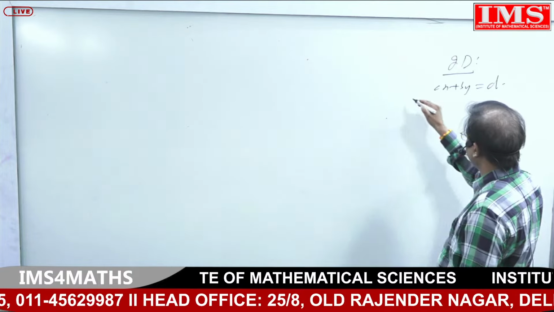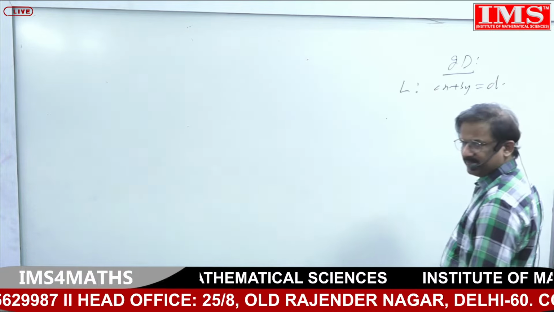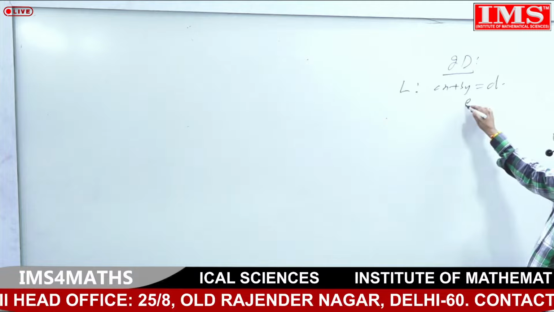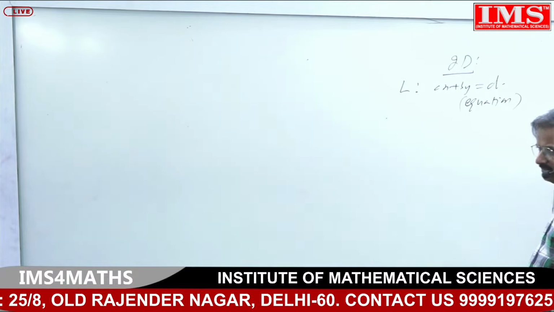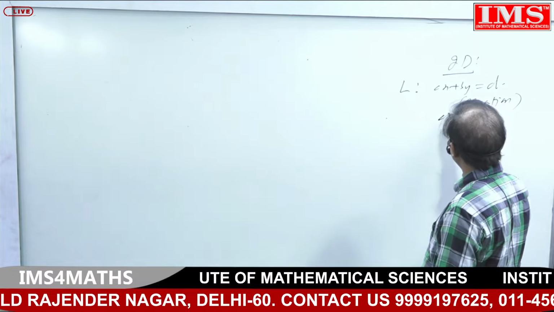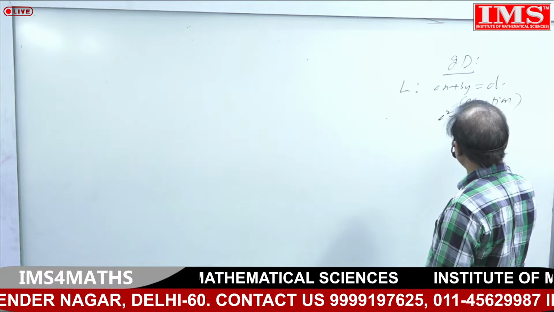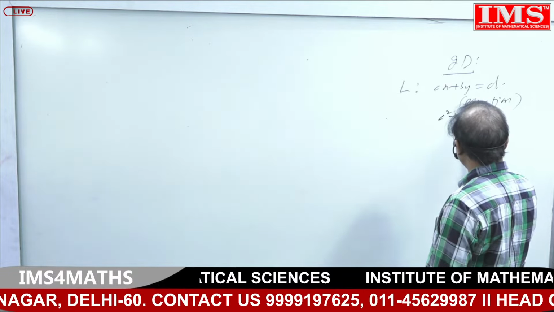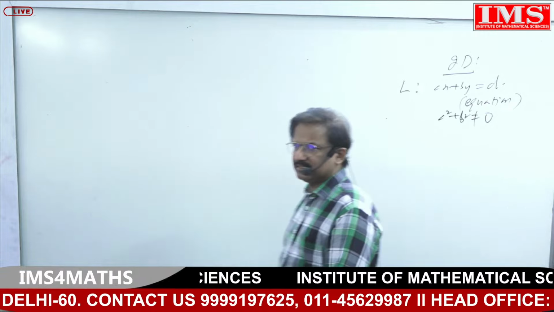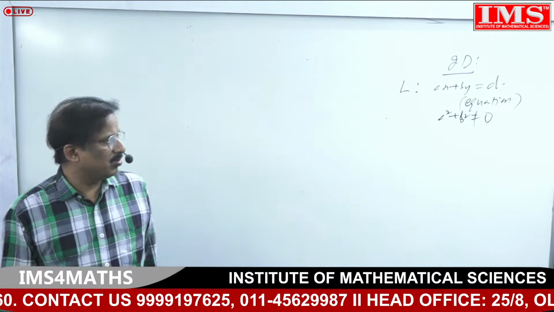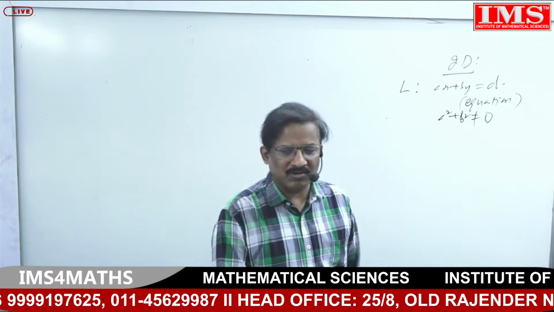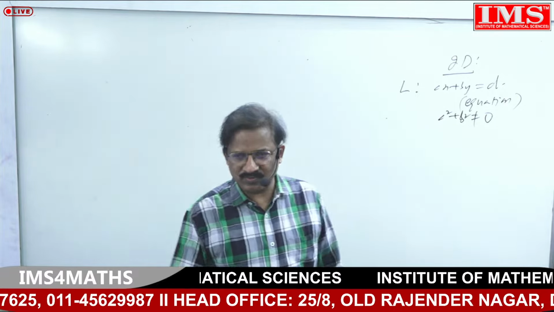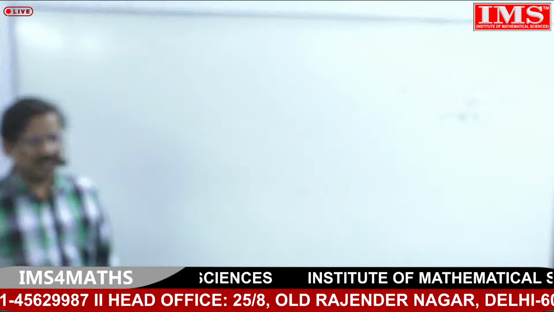D. It's a line. It's an equation, you remember. Provided that a square plus b square is not equal to 0. That's what you are writing. It means not all of a, b are 0. At least one would not be equal to 0. You all understand?